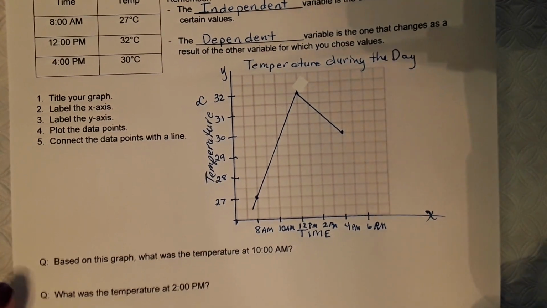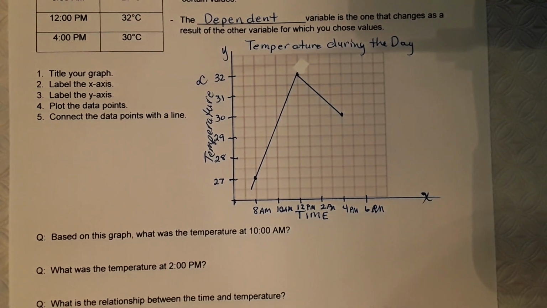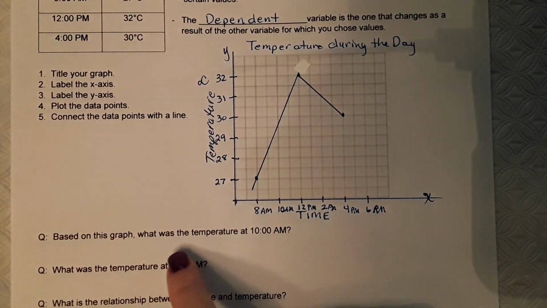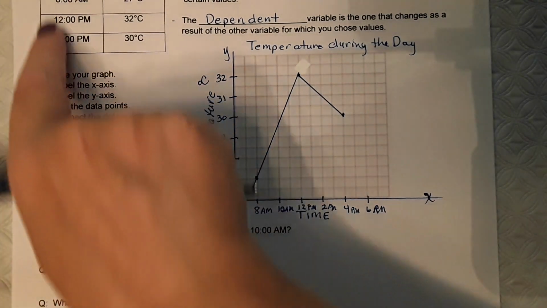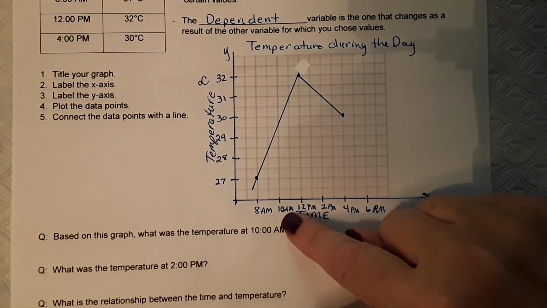Now, let's analyze this graph just a moment. I have some questions here we're going to answer by looking at our graph to see what patterns we can see. The first question is, based on this graph, what was the temperature at 10 a.m.? Well, how are we going to know that? That's not in the data. Oh, but it is on the graph.